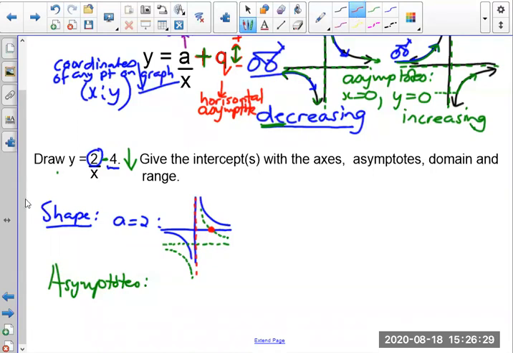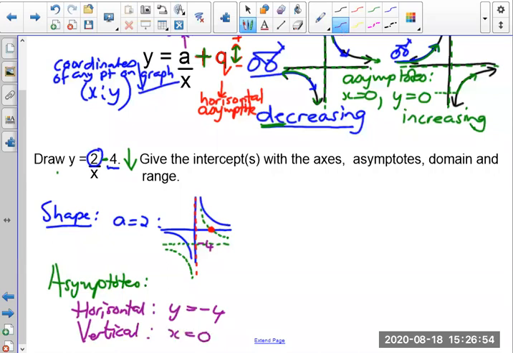So the horizontal asymptote will be y equals negative 4, and the vertical asymptote will still be the line x equals 0, or the y-axis.